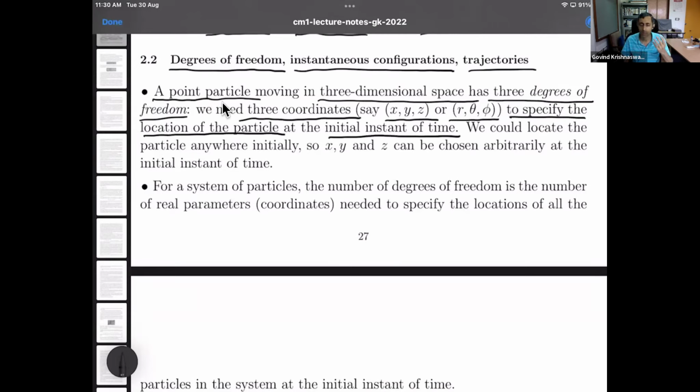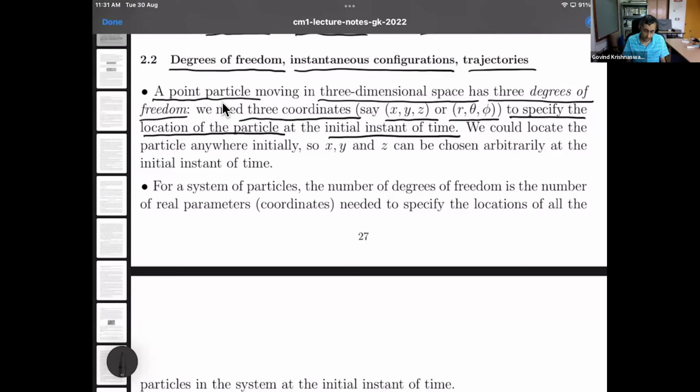So we choose some instant of time, call it the initial time, and I need to say how high above the ground my bee is, how far from the window it is, and how far from the wall it is. I need to specify these 3 numbers to locate the bee at that instant of time, and therefore we say that a particle moving in 3-dimensional space has 3 degrees of freedom.